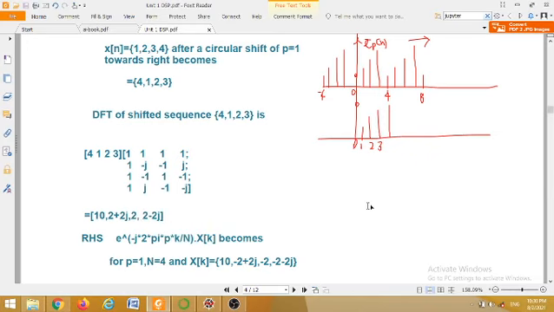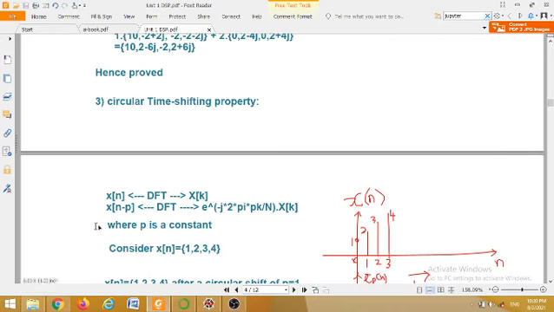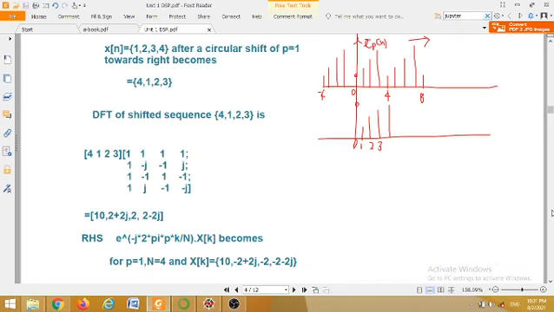So on the right-hand side, the property states that the DFT of this is also equivalent to e power minus j 2 pi p into k by N multiplied by x of k. X of k is the DFT of the original sequence 1, 2, 3, 4, which is 10, minus 2 plus 2j, minus 2, and minus 2 minus 2j.